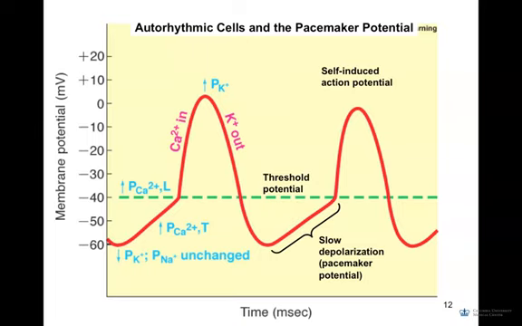They have very, very few leak sodium channels. But these autorhythmic cells have more of these leak sodium channels. And so this is what causes the slow depolarization, or the slow shifting of membrane potential toward threshold.